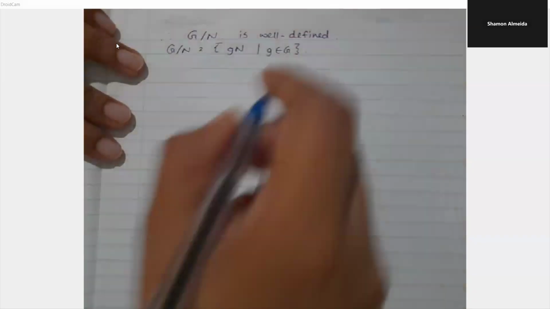Now, with this, we can actually take X to be a G over N set as well. And how do we define the group action in that case?